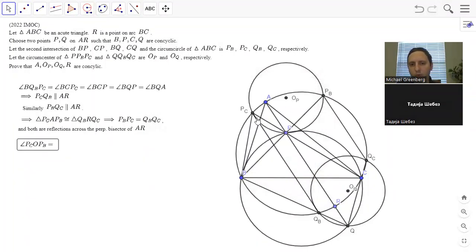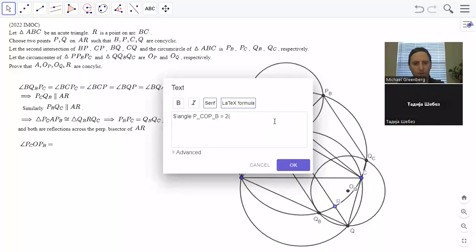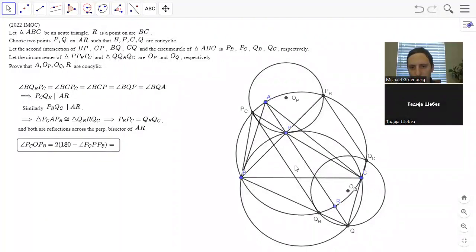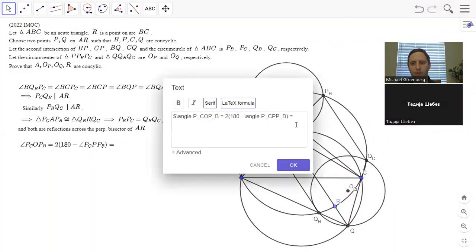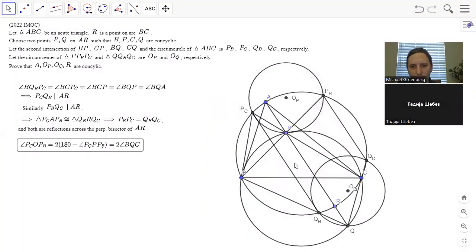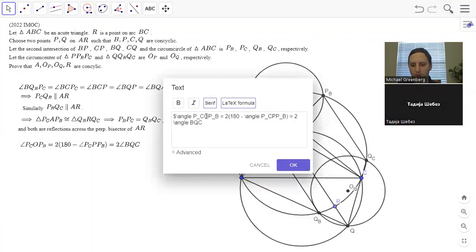That is twice 180 minus PCP, which is twice angle B, that's 2 times angle BQC, which is angle QBOQQC. Yeah, I gotta add a P here.